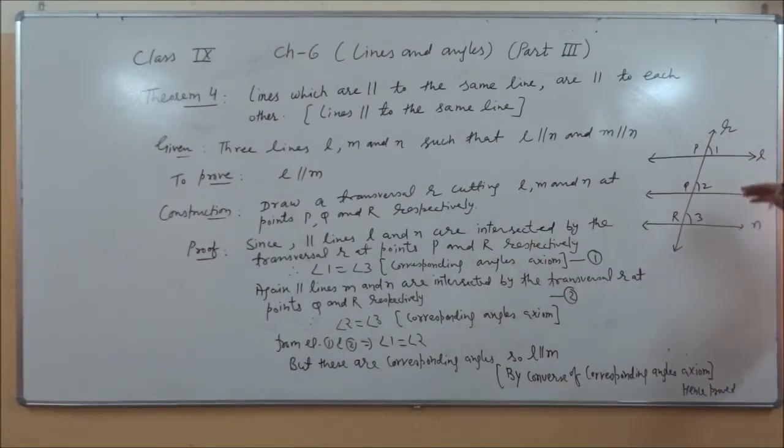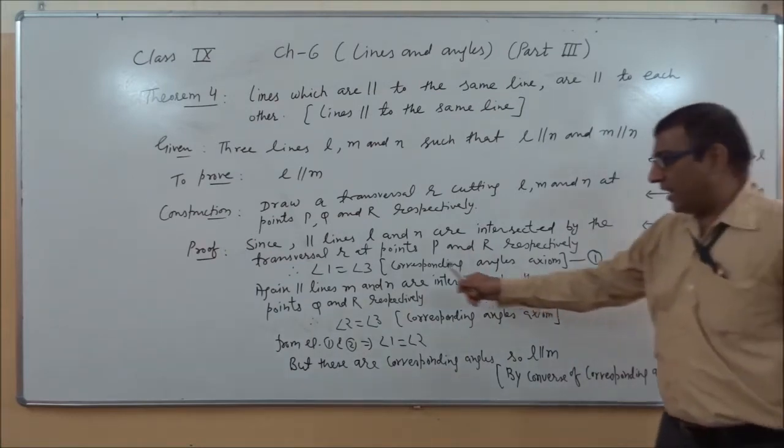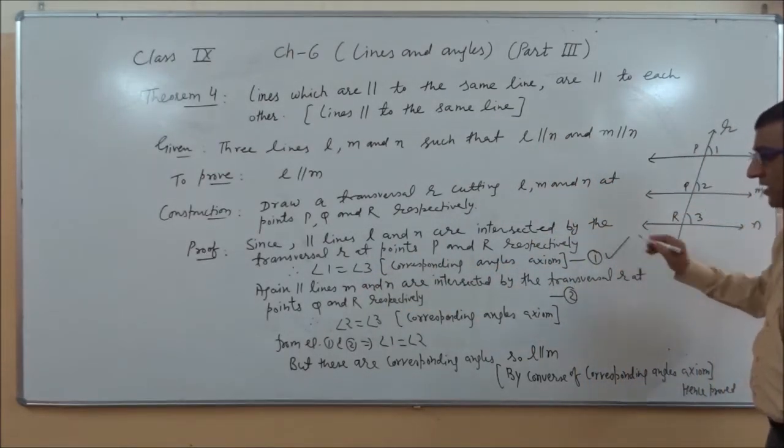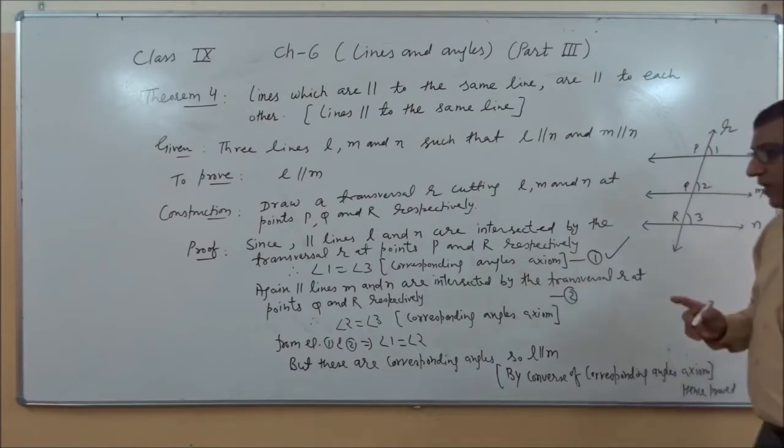As we know very well, angle 1 lies above the line L and angle 3 lies above the line N, so we will apply here the corresponding angle property. That's why we will write here angle 1 equals angle 3 and we will mark this as equation number 1.